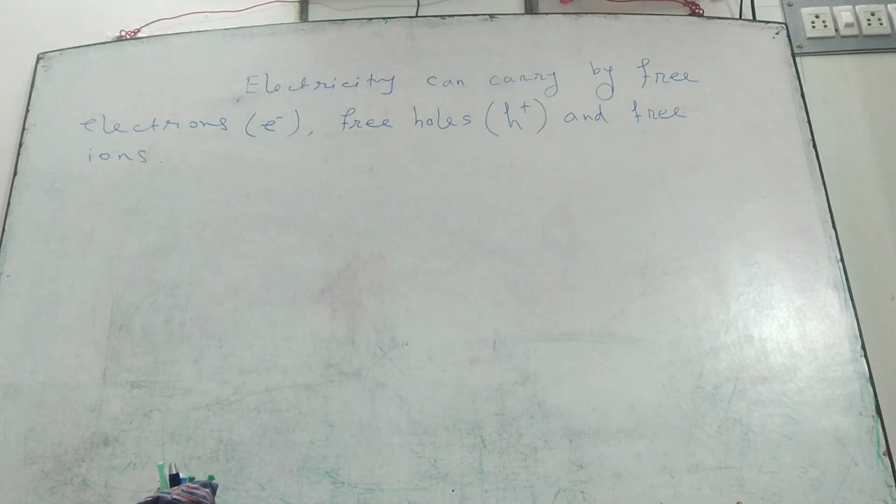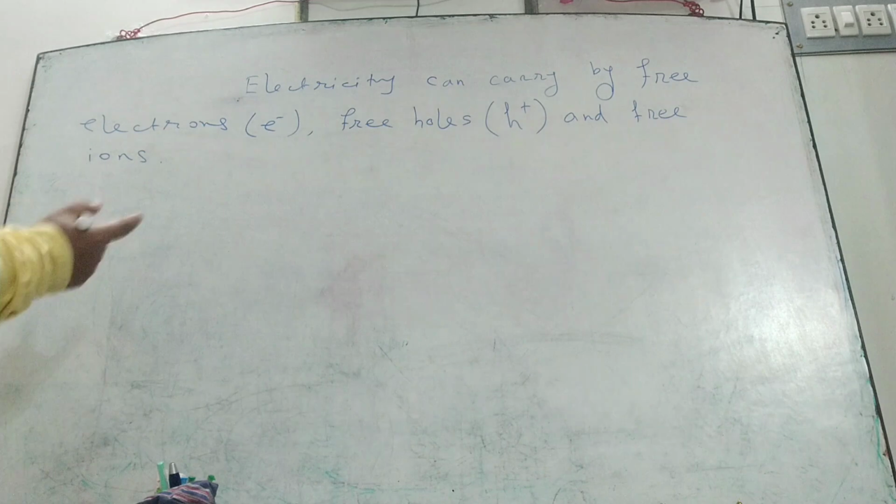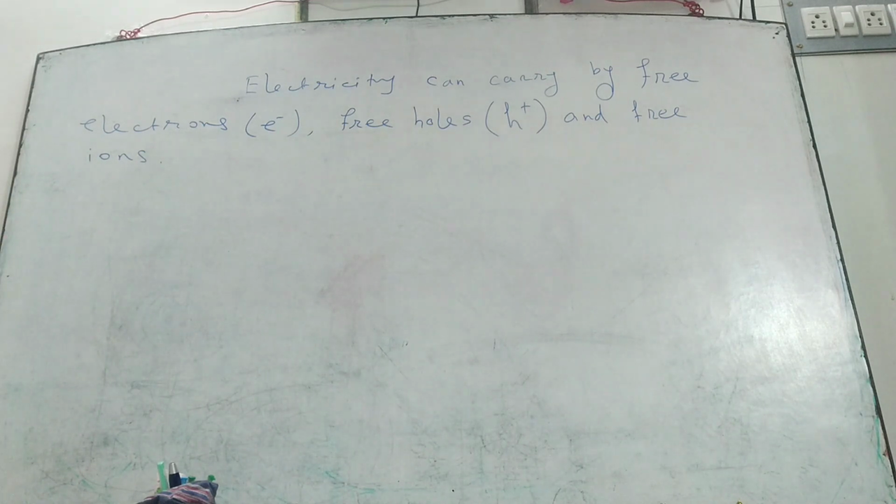The direction of flow of current is along the direction of flow of free holes and opposite to the direction of free electrons.